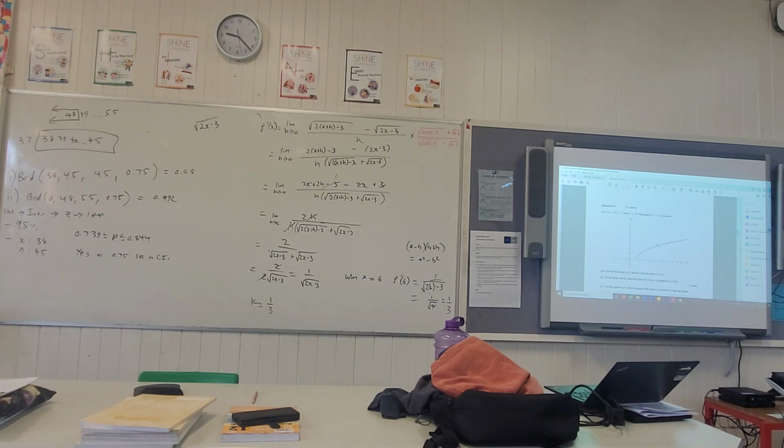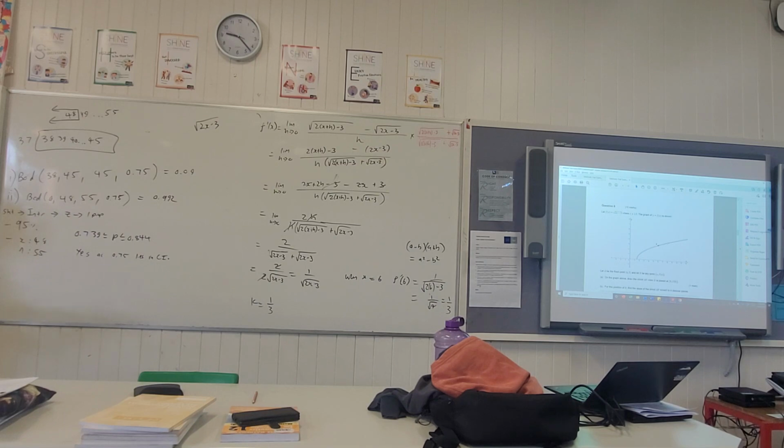Construct a 95% confidence interval for the proportion of the population wearing a mask based in carriage B. So in carriage B, 95% confidence interval, and in carriage B we had 55 people, and we had 48 wearing a mask.